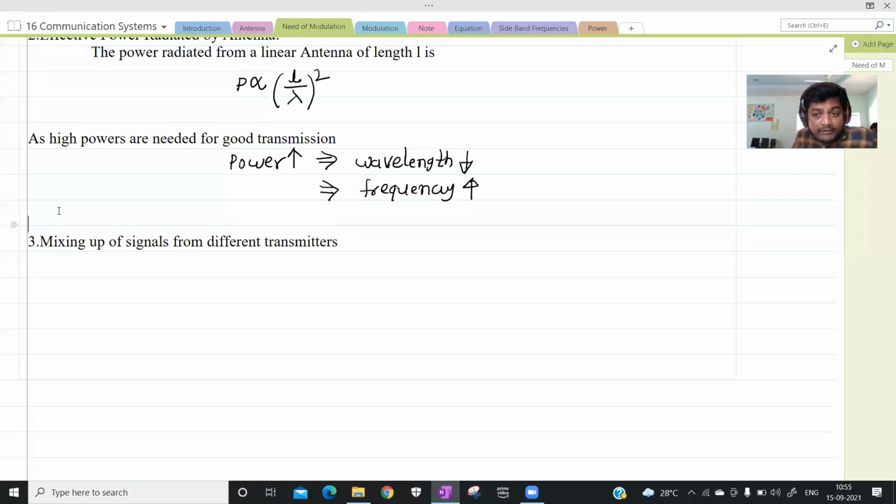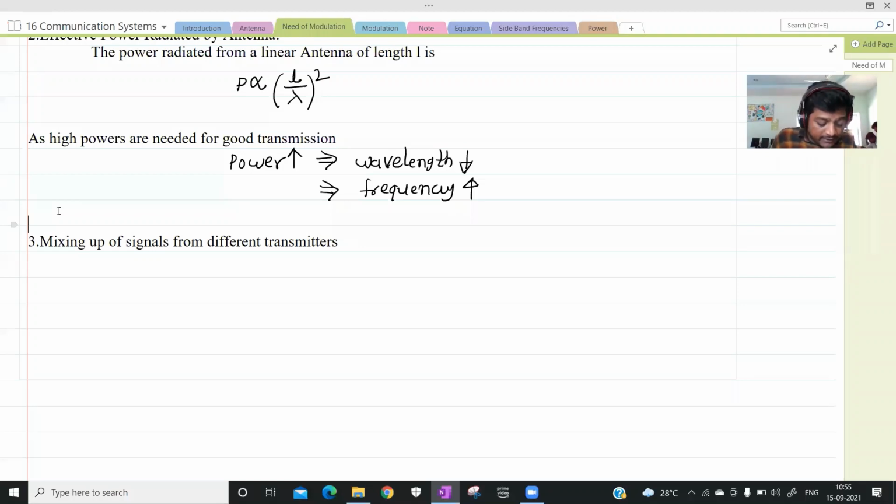Similarly, when many transmitters are transmitting the same information simultaneously, they get mixed up, so we cannot distinguish them or find the difference between them.